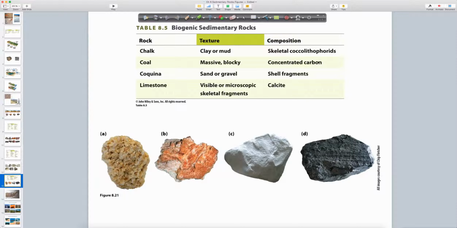Coquina is basically sand or gravel size, and it's all just shell fragments that have been compacted. They're actually not cemented. There are 2 places in the world that still mine coquina, and one is in Florida. If you ever get to go to St. Augustine, Florida, there's a fort that's made out of coquina. Coquina has this property that when it's hit by a cannonball, it just absorbs the force and doesn't fracture and break.